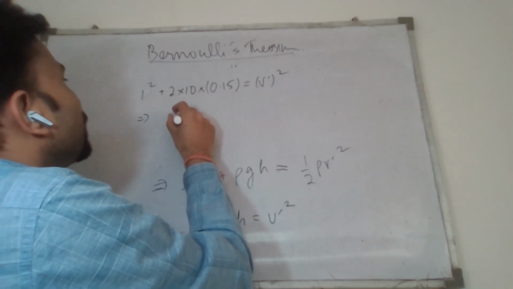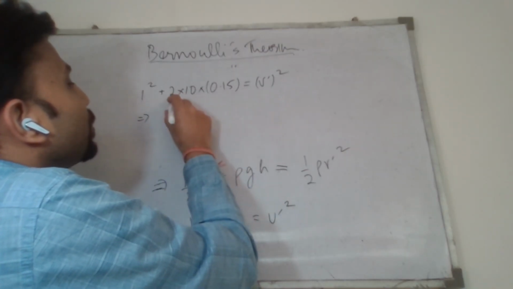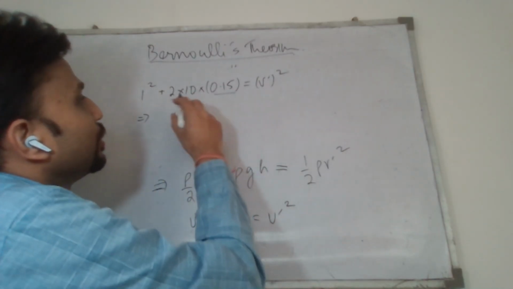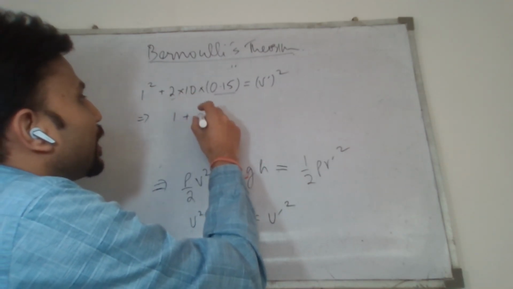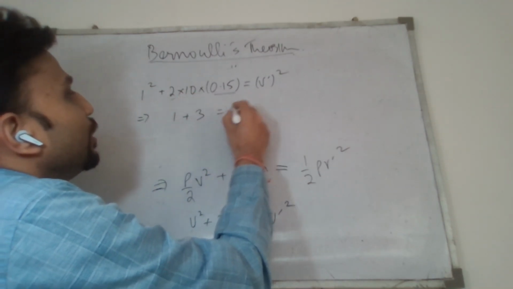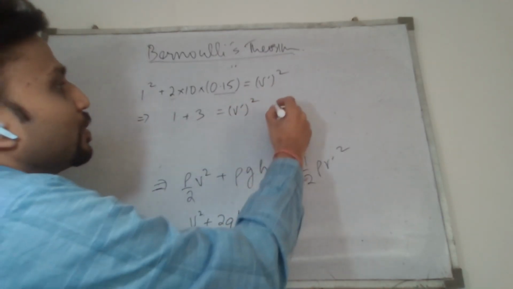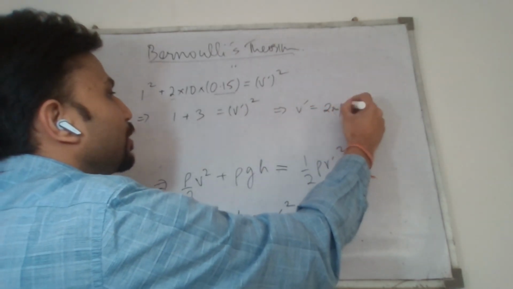So this implies 1 plus 2 into 10 into 0.15. 2 into 0.15 is 0.3, so 0.3 into 10 is 3 only. It is equal to v dash square. So this implies v dash is 2 meters per second.